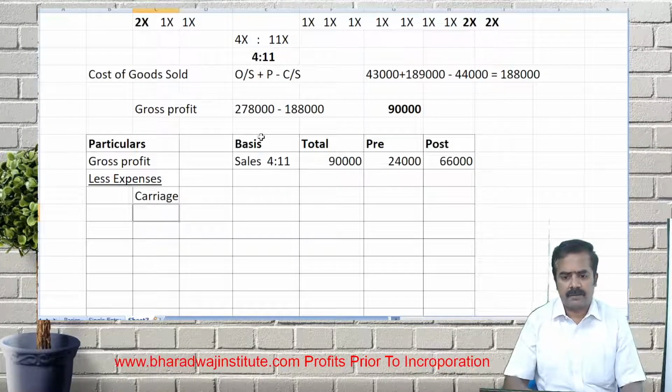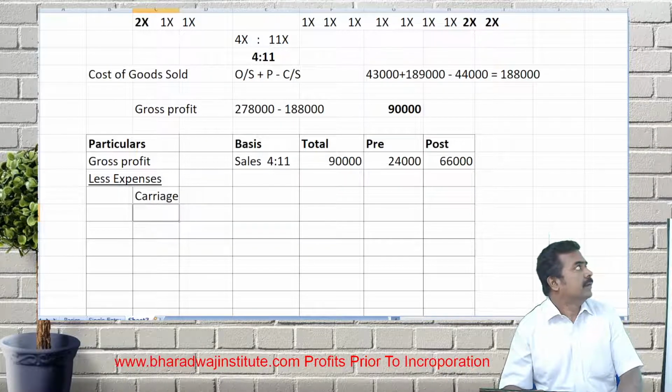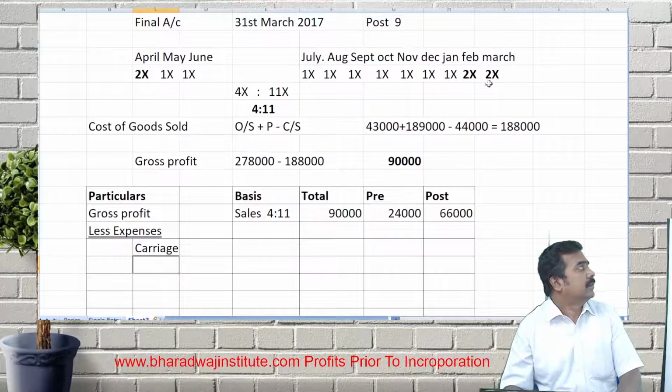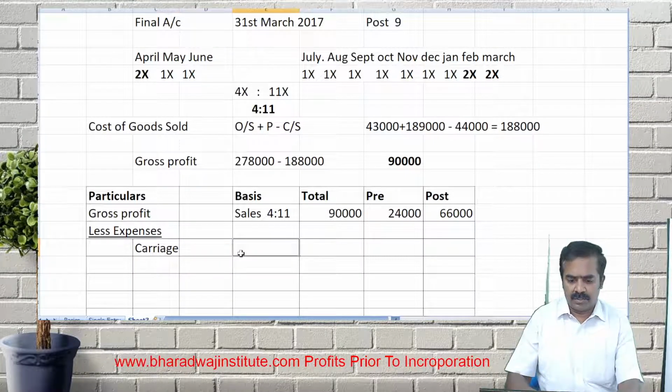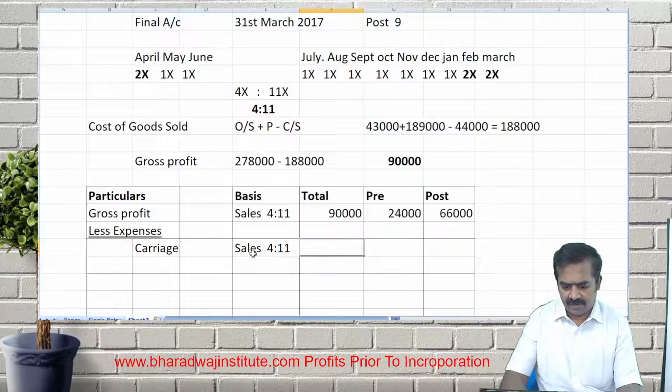Carriage outwards 8,800. Total 1,300. Sales ratio. 3,300.